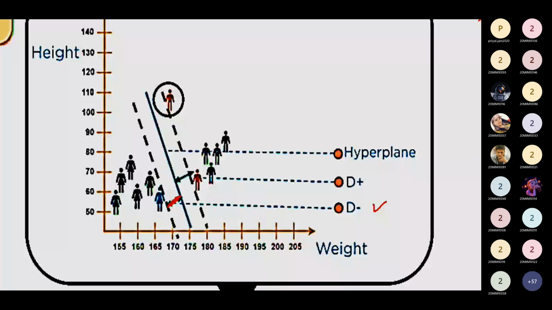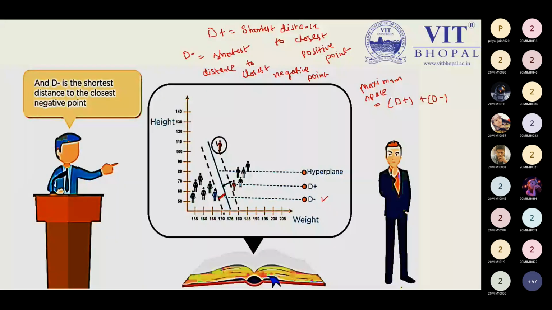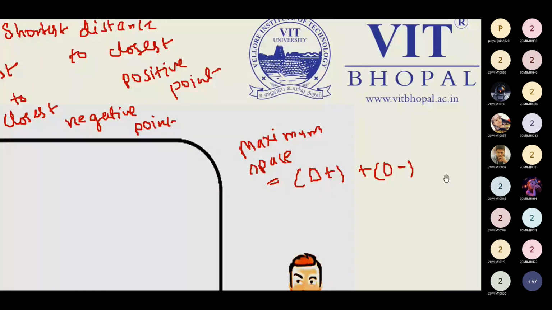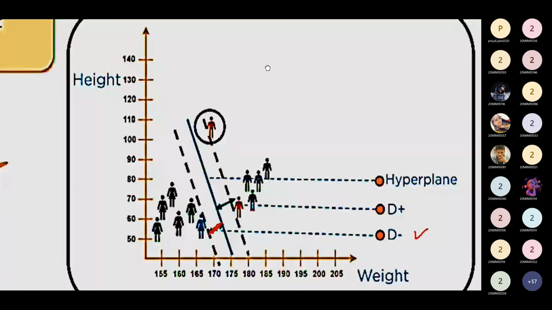I have already written over here: maximum space equals D plus plus D negative. This is the distance between the closest positive point and the closest negative point, so I get the exact value of the maximum space. That is the only point we have to understand. This is a new technical term we have to keep in mind.